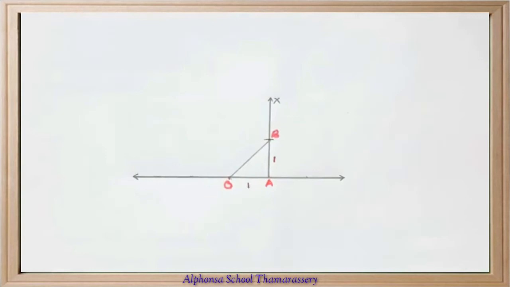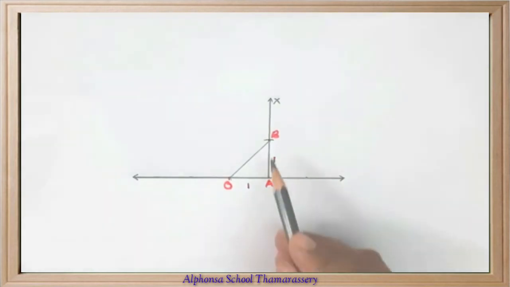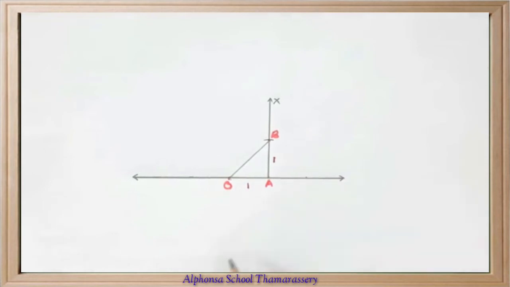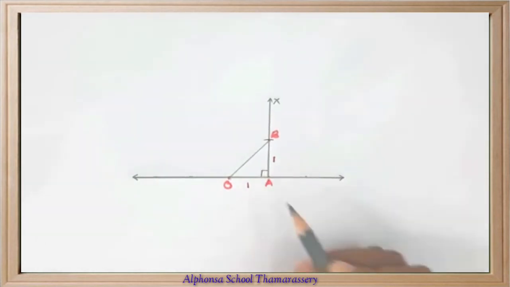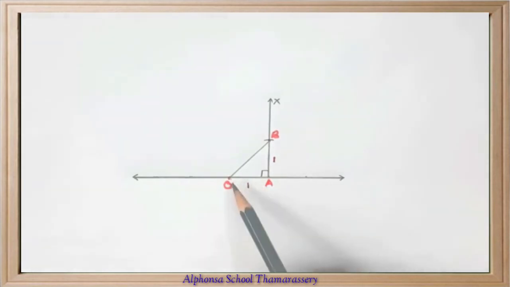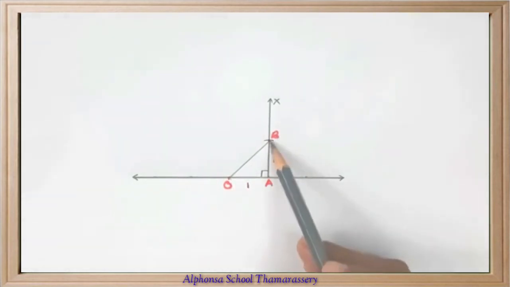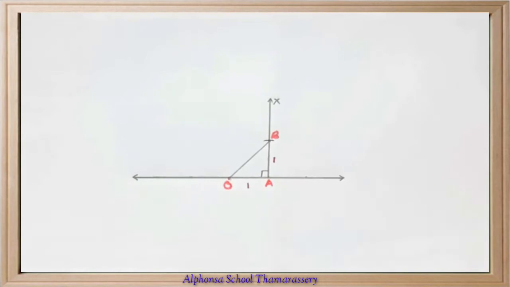Now you will get a right triangle OAB because AB is perpendicular to OA. So angle OAB equal to 90 degrees. So triangle OAB is a right triangle. And we know that OA equal to 1 unit, AB equal to 1 unit.